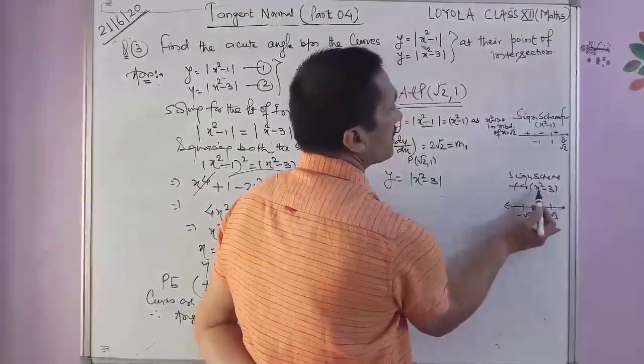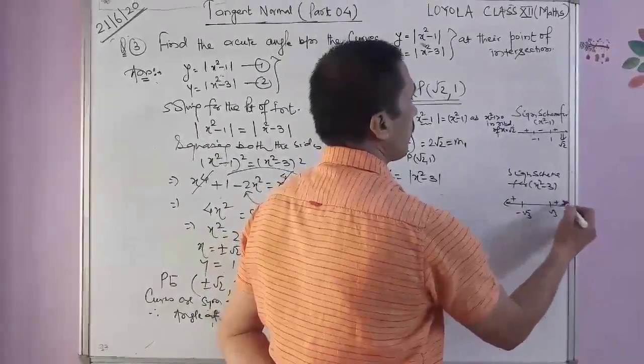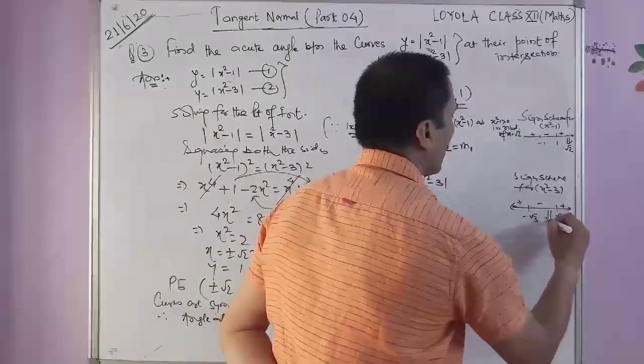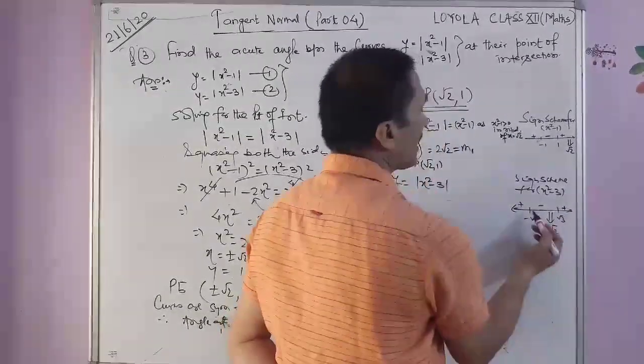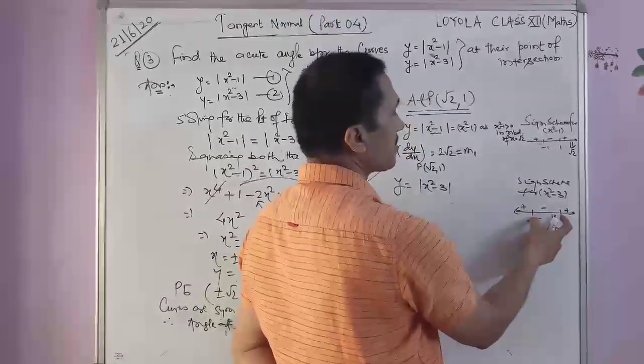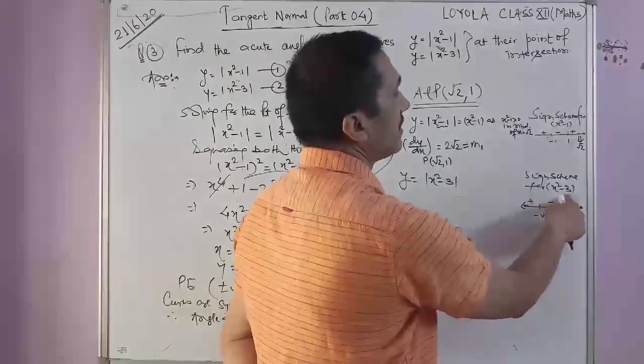Here the coefficient of x² is positive, so in this region positive, and in this region negative. Here √2 lies in this region, and in the entire region between −√3 and √3, x² − 3 is negative.